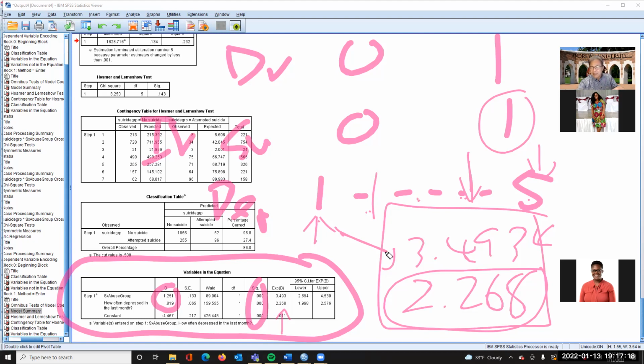So what that means is that when this is controlled for, in other words, when that is held constant, in the context of people who have been abused, for every unit increase in depression there will be 2.3 times more likely to attempt suicide. So that's how you interpret this.